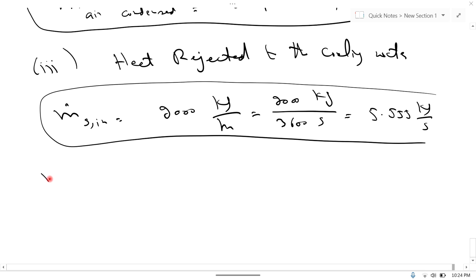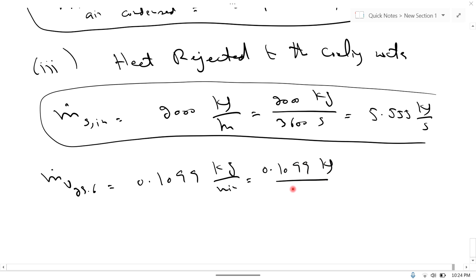Similarly, mass flow rate of vapor at 29 degrees is 0.1099 kilogram per minute. Convert also this into kilogram per second. So this is 0.1099 kilogram, and 1 minute is equal to 60 seconds. So this is equal to 0.00183 kilogram per second.